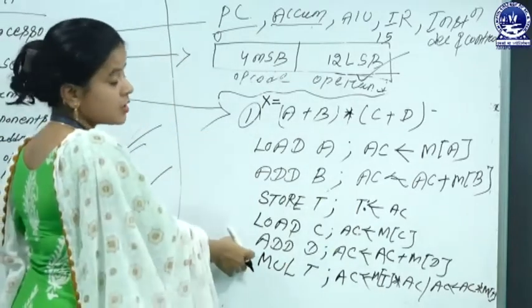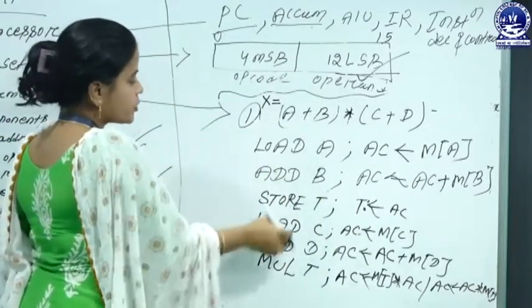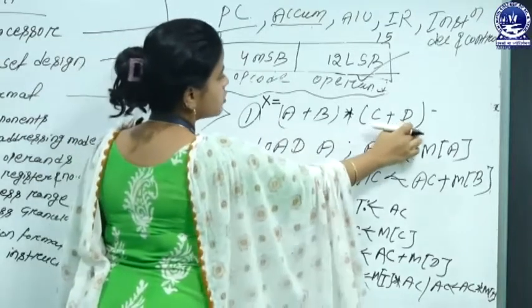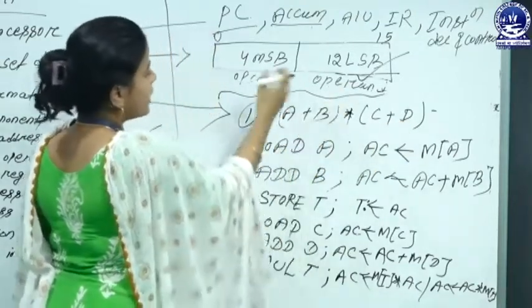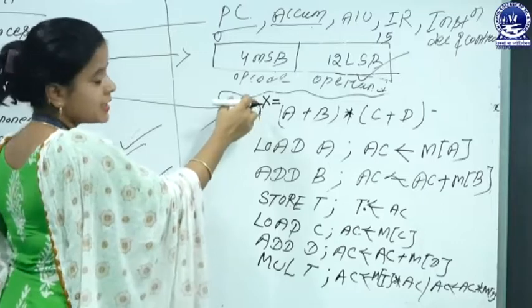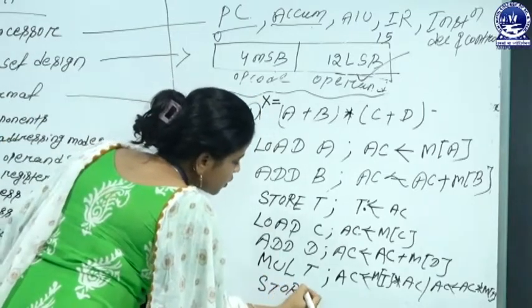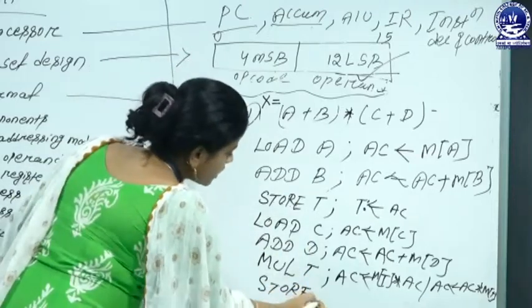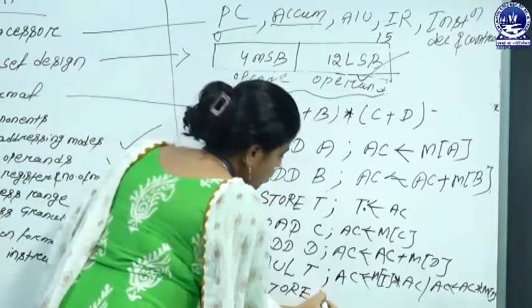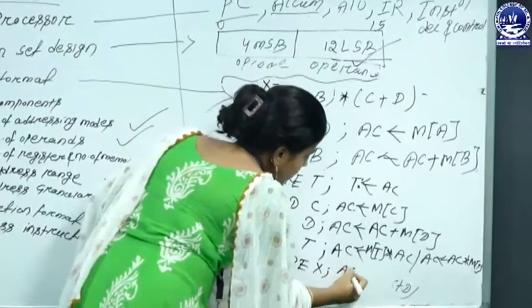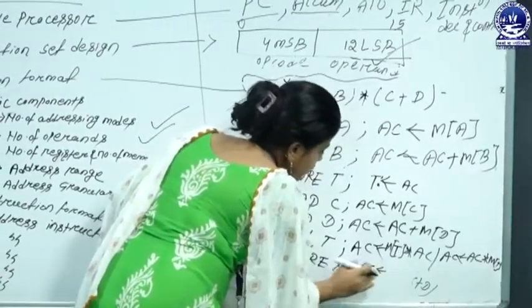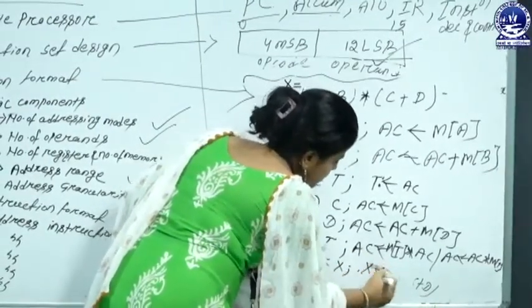Now the multiplication result is computed. After that, the result is stored in a location called X. So now store the resultant outcome of the accumulator in location X. So store X, that means the accumulator data is stored in the X location.